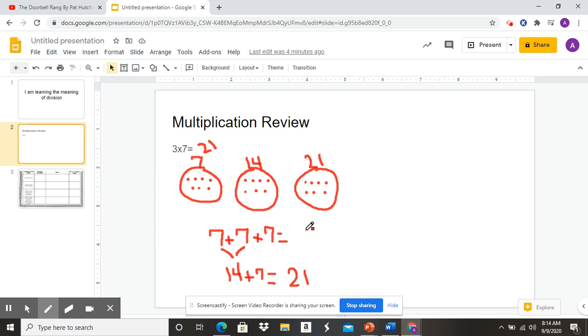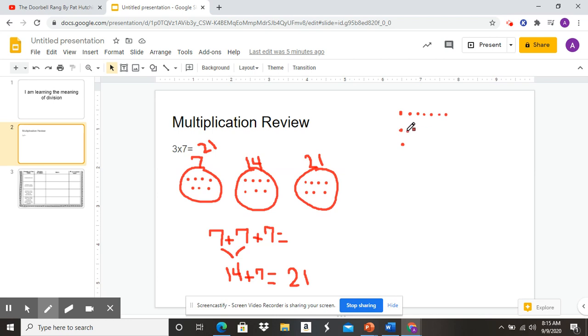So I've used a grouping picture, I've used repeated addition, and now I'm going to draw an array to show you 3 times 7. In an array, I have 3 rows, 1, 2, and 3, and they run horizontal. And then in my columns, my vertical ones, I have 7, so that's 1, 2, 3, 4, 5, 6, 7.